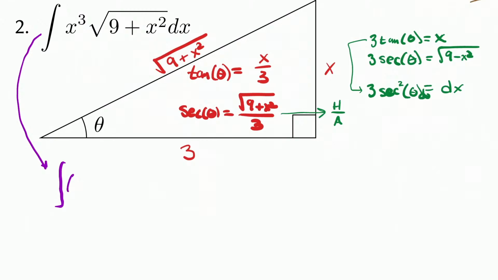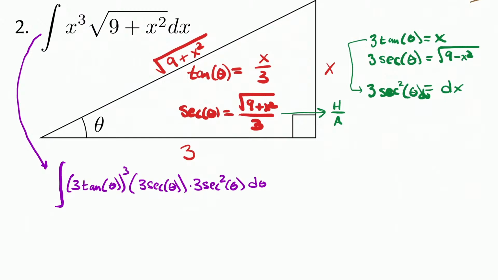So I have 3 tangent theta quantity cubed times 3 secant theta times 3 secant squared theta d theta. So just pause for a minute. Make sure you see where each of those things came from. This is a slow process. You've got to take your time. That's why I can't give you more than one of these on an exam. Otherwise, that's all you would do.